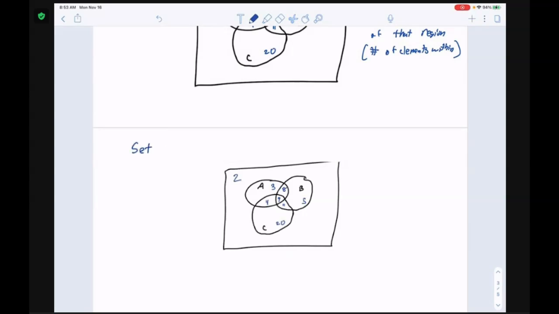So the set question, the Venn diagram, and actually, you know what? In this case, I'm going to do it a little bit different.